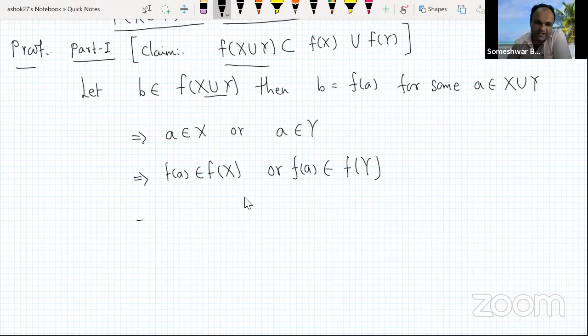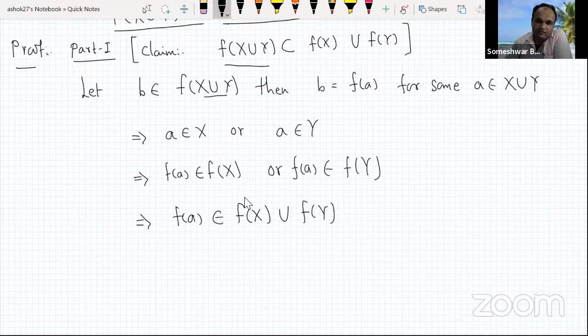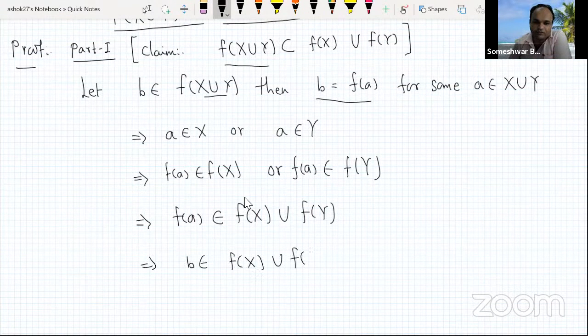Using that, we'll write f of a is an element of f of x union f of y. But f of a is nothing but b. So that will imply b is an element of f of x union f of y.